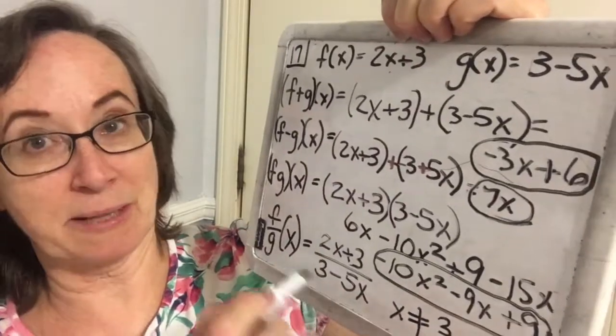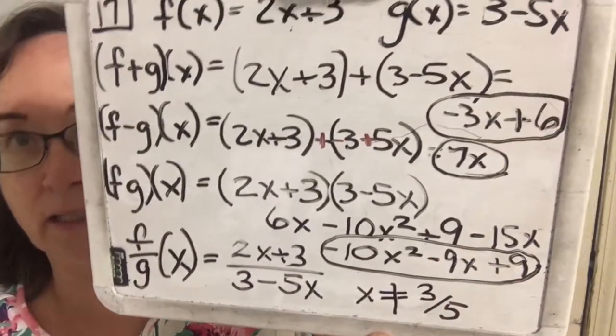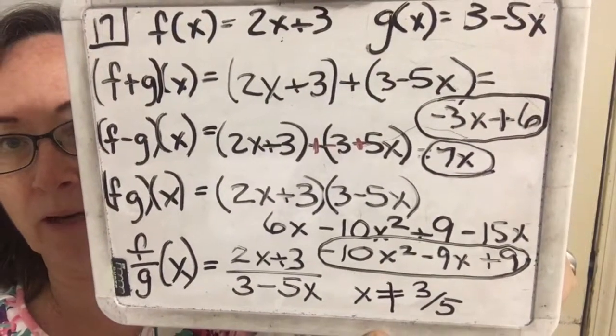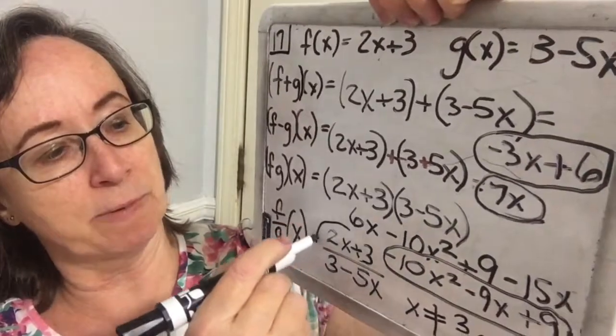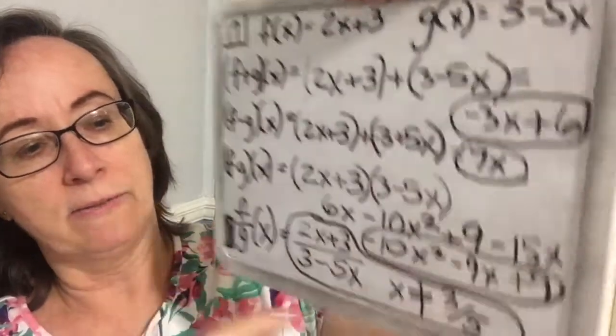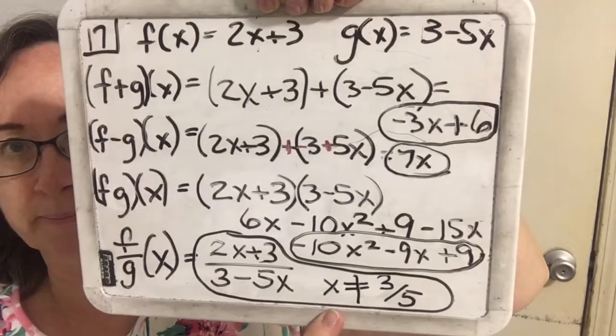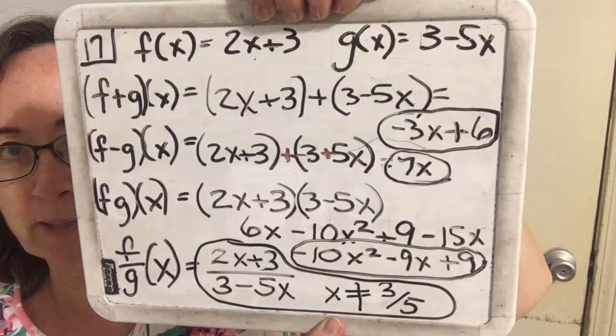Because anytime we have something in the denominator that could go to 0, we should exclude any values that make it go undefined. So this would be the answer. It doesn't simplify, but we need to include the excluded value. That is the end of problem number 17.